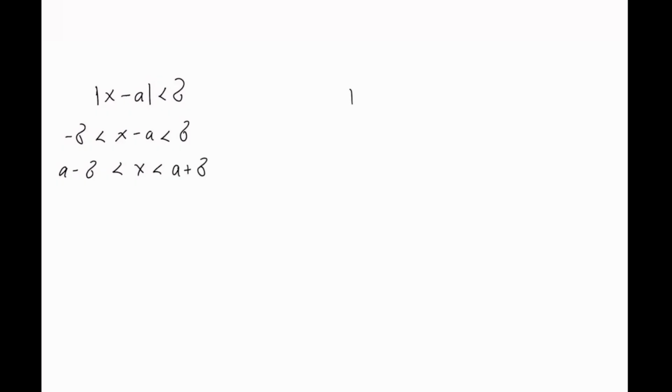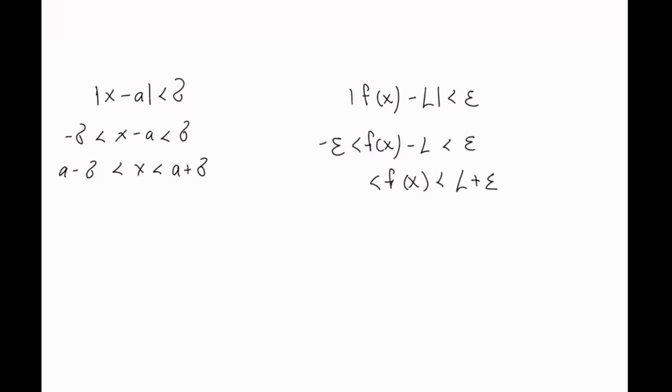For the other side, we have absolute value of f of x minus L is less than epsilon. So from here, we see that f of x minus L is less than epsilon, but greater than negative epsilon. So f of x should be less than L plus epsilon, but greater than L minus epsilon. Exactly the same way that we showed on the graph.